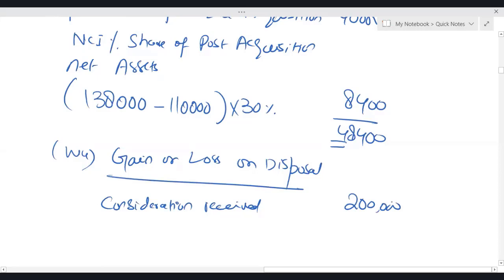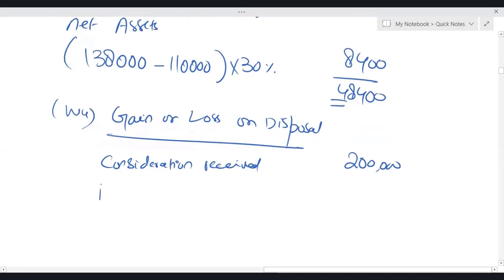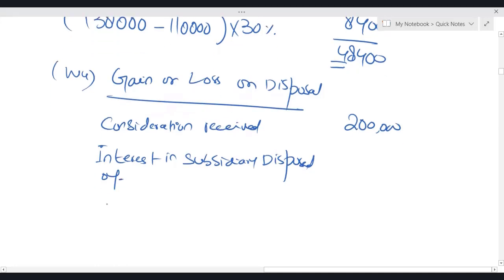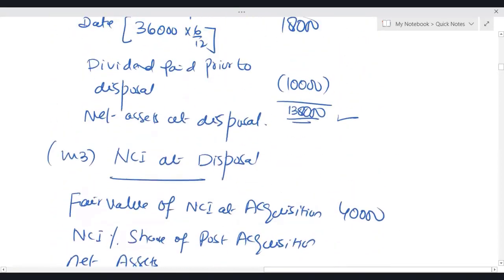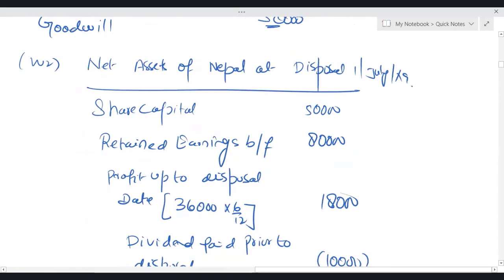We do not have any fair value of remaining investment because 100% investment is sold. So simply less interest in subsidiary disposed of. Take net assets at disposal, which is working 2.